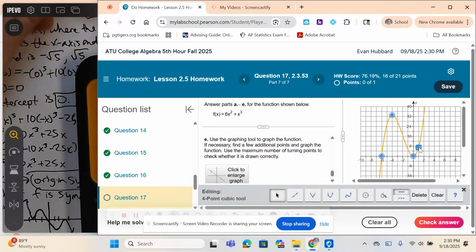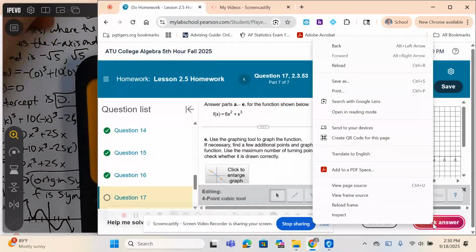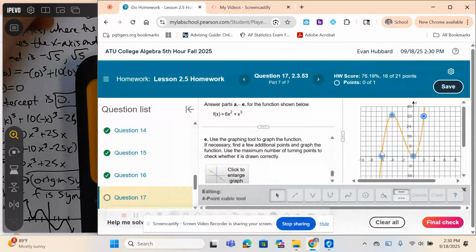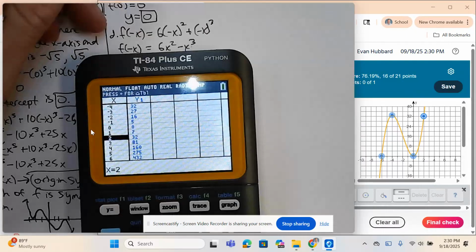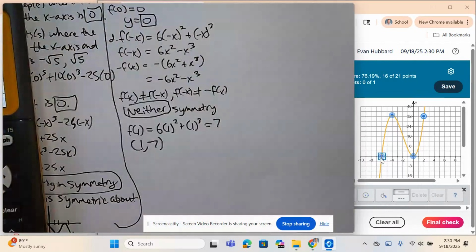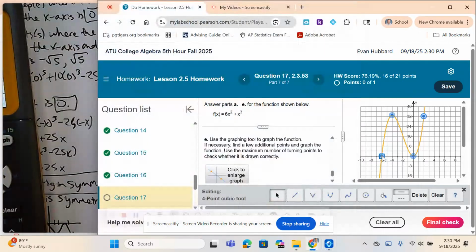Let's do 2, 32. Okay. Having issues with the graph working. So I've got one at 0, negative 6, 0, 0, 2, 32. So let's see if I can scroll down here.